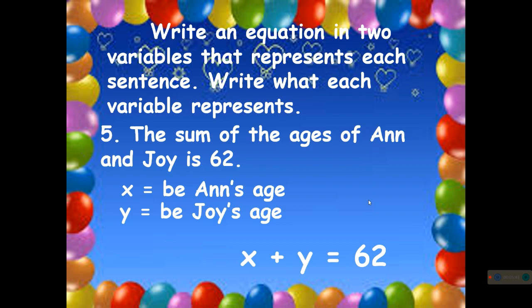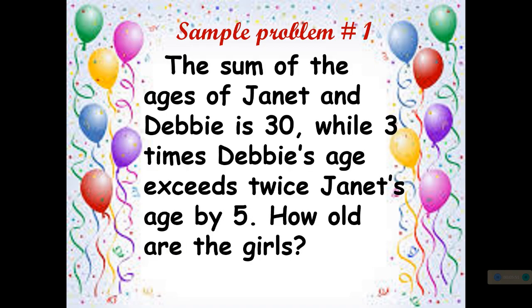Again, this will also be a very great help on our topic later. So let's proceed. I have here sample problem number 1. The sum of the ages of Janet and Debbie is 30, while 3 times Debbie's age exceeds twice Janet's age by 5. How old are the girls?